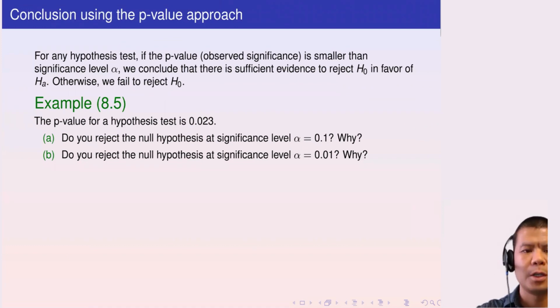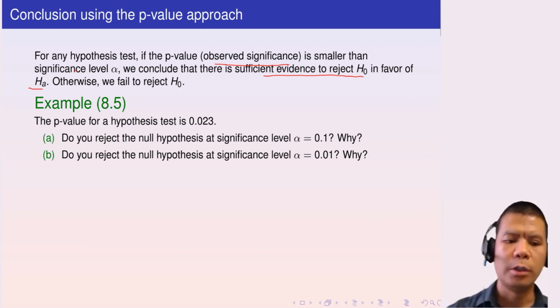Now, here is a decision rule, the conclusion using the p-value approach for any hypothesis test. If the p-value, or the observed significance, is smaller than the significance level alpha, we conclude that there is sufficient evidence to reject H0 in favor of HA. So what does that mean?